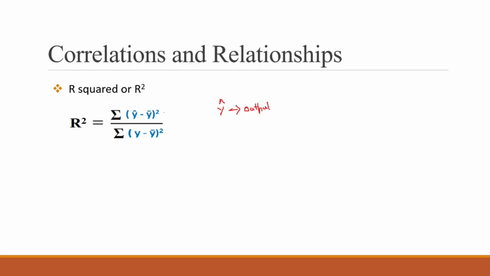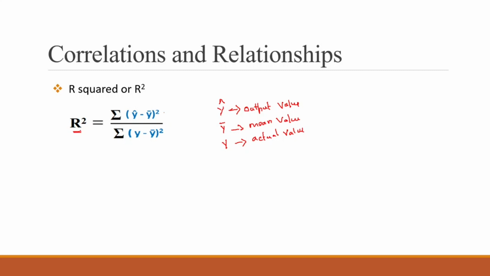Y bar is the mean value of the dependent variable, and y is the actual value of the dependent variable. These are the terms in this equation.